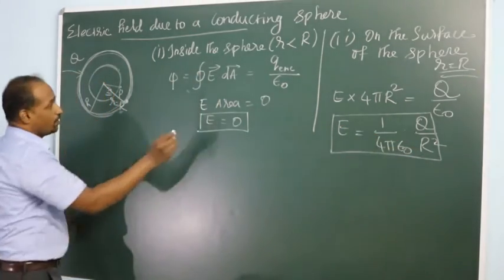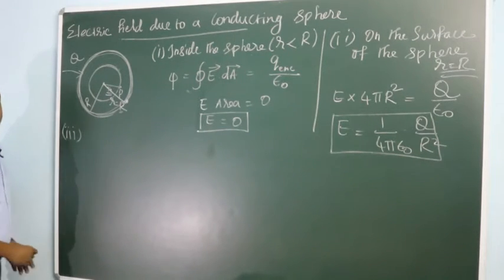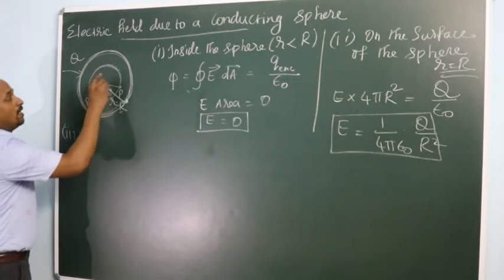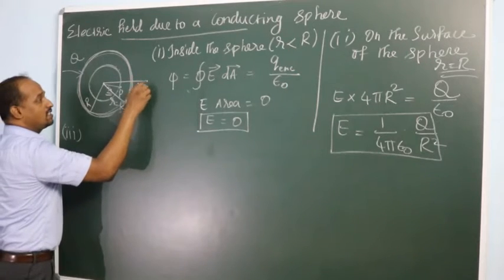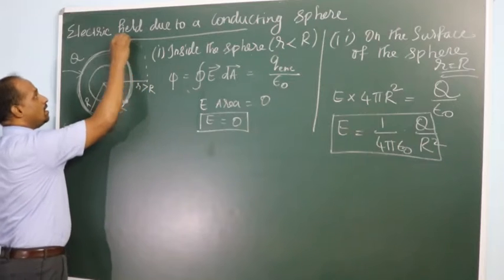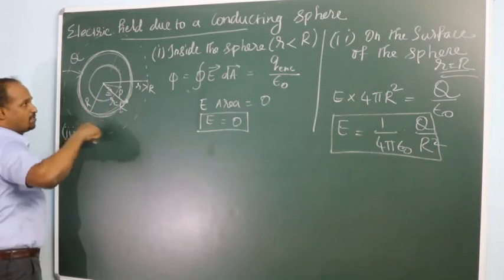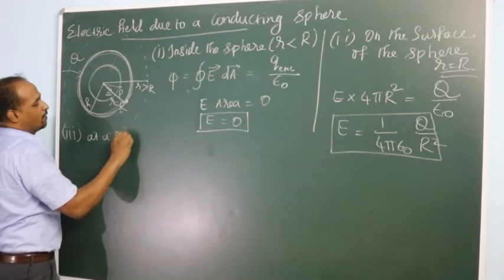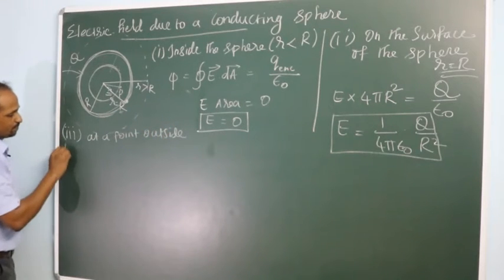The third thing you would like to find out is the electric field due to this sphere at a distance r, where r is greater than the radius of the sphere. Then what will you do? You will imagine a Gaussian surface where all the equidistant points form a sphere, at a point outside the sphere.